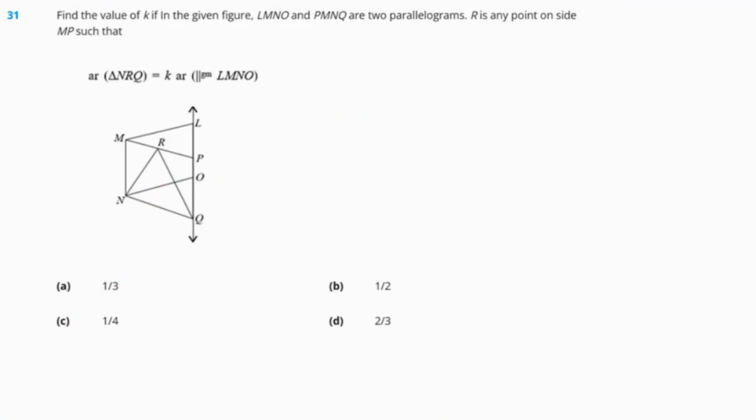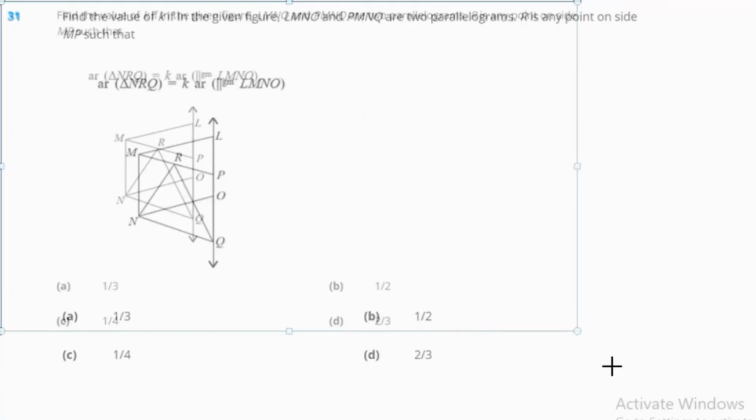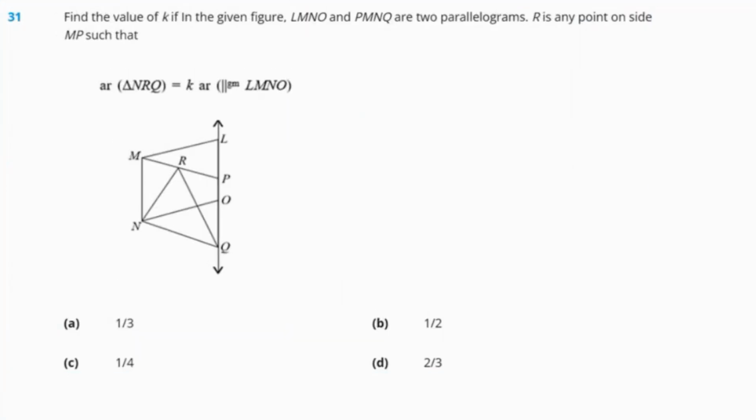Okay, now the next question is saying that we need to find the value of K. In the given figure, LMNO and PMNQ are two parallelograms, and R is any point on the side MP such that the area of triangle NRQ is equal to K times the area of parallelogram LMNQ.